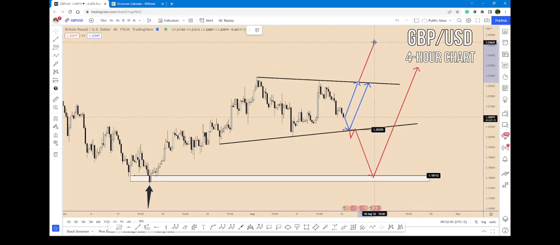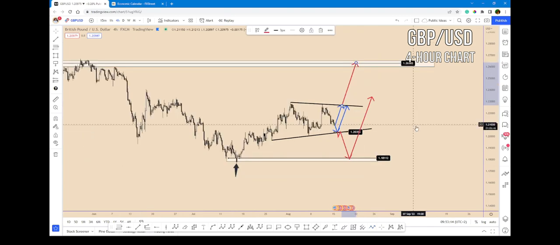If we are going to look at potential targets, we can see that one of the best targets that price can actually do is this movement. Once it will begin, I guess the price should test the top of the bigger structure, and it can probably reach 1.26, 1.2650 approximately, so it will not be a bad idea at all.